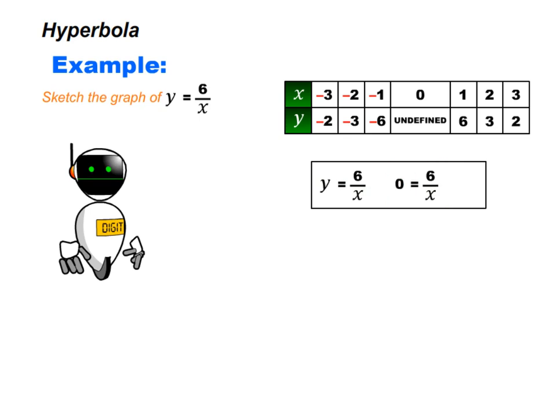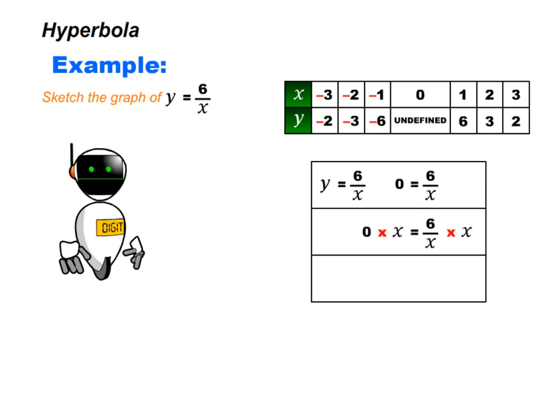This equation is a fraction. Let us multiply both sides of the equation by the denominator, which is x. So far we have 0 multiplied by x, it's equal to 6 over x multiplied by x.